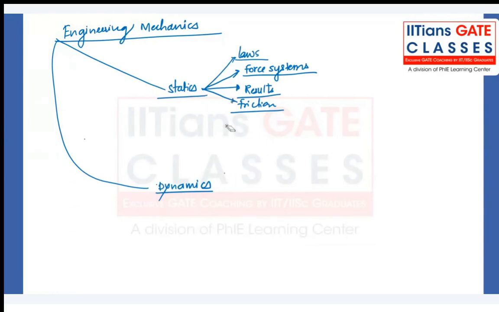trusses. Okay, in trusses, we studied how we can generate a truss structure. What is a truss structure? How can we generate it? How can we find the number of joints in a given truss structure? And what are the methods to calculate the forces in the members of a truss?